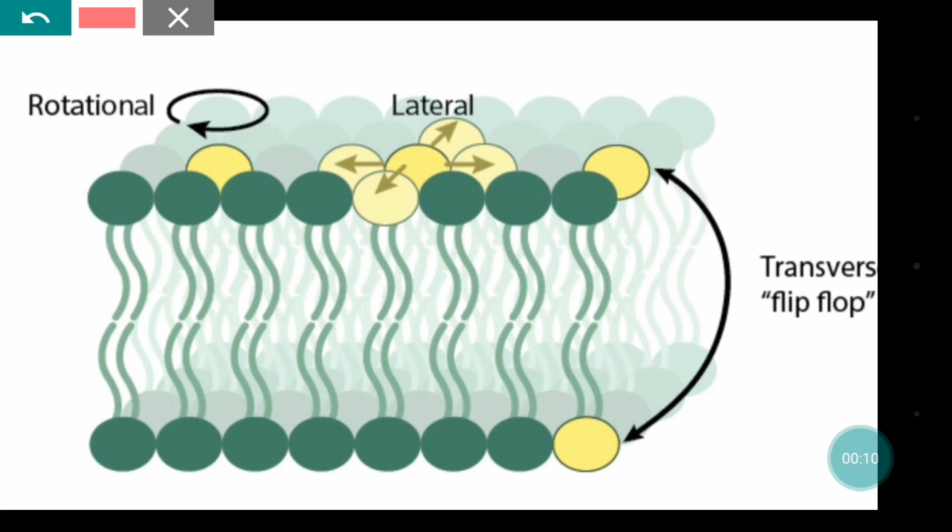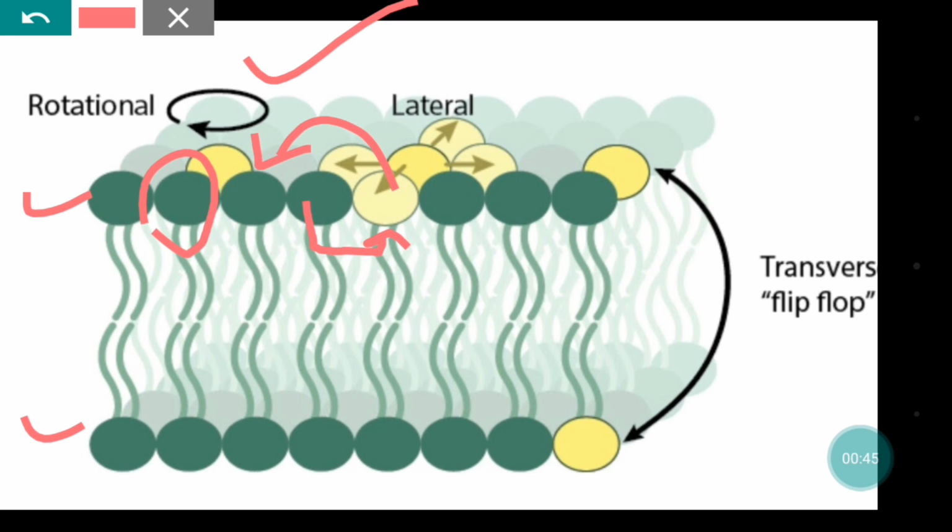Now we will see why the model is called the fluid mosaic model. It is called fluid because this lipid bilayer shows some movement and shifting. First of all, rotational motion, so it will rotate on its axis. Then lateral movement, which means this may shift to this or this may shift to this. Laterally means they can exchange positions, right?